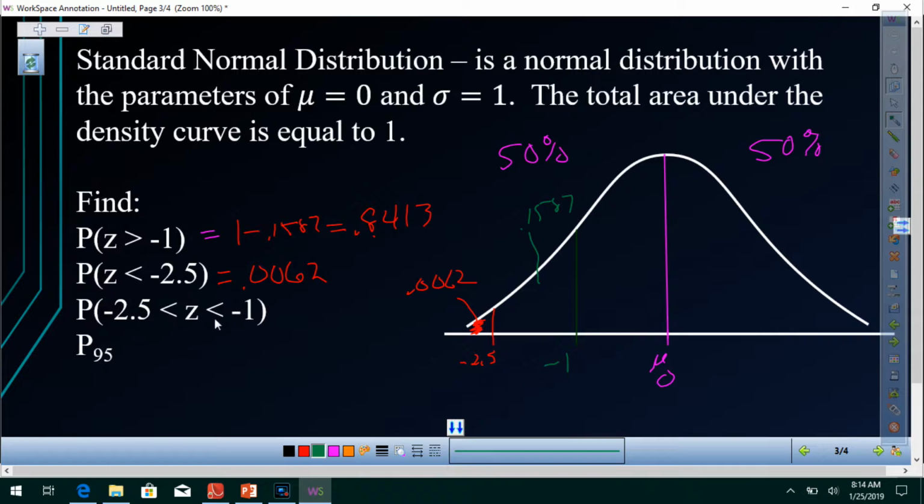To find this area right here, we take 0.1587 and subtract this little area right here, 0.0062, and that will give us our area.